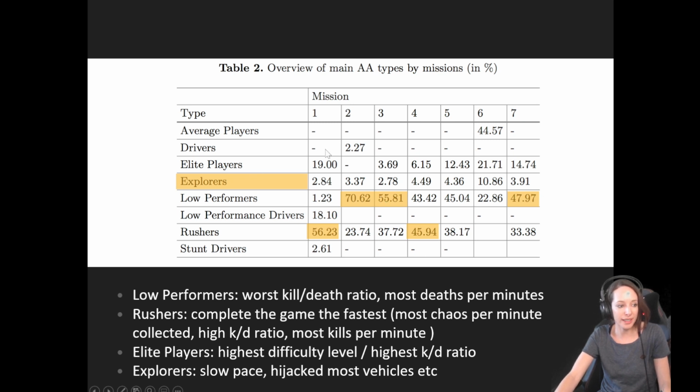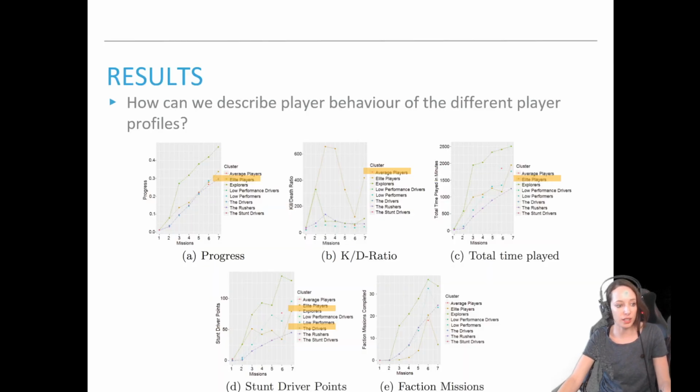We did this analysis over every single mission, and then we looked closer. Are all the players engaged nicely per mission? For instance, in the progress, we can identify a very interesting behavior of the elite players starting with mission 3.